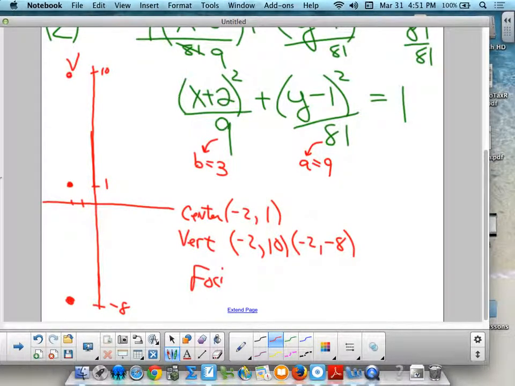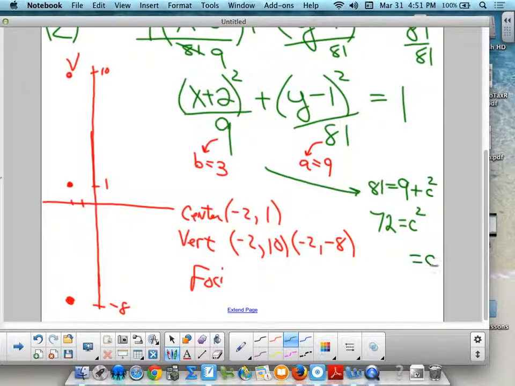The foci, you don't know the foci because you can't see the c value. So to get c, take a squared, 81, minus b squared, 9, equals c squared. This will be what? 72 equals c squared.